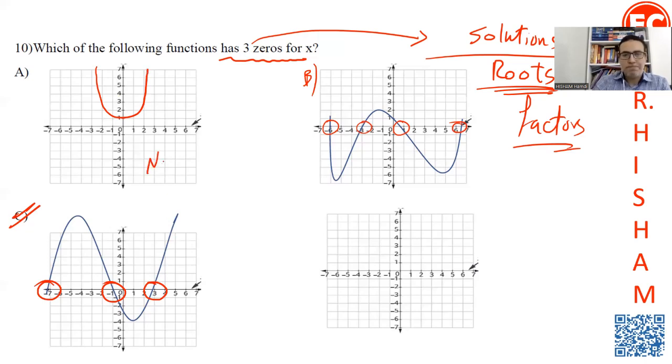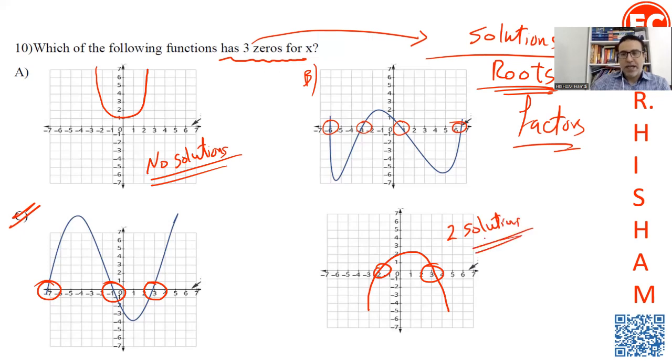No solution. In this case, imaginary. But what if the curve is like that? In this case, I have 2 solutions. So don't forget, the word solutions is used for the equation, but the words roots, factors, set of zeros or number of zeros all mean the intersection points of the function with the x-axis.